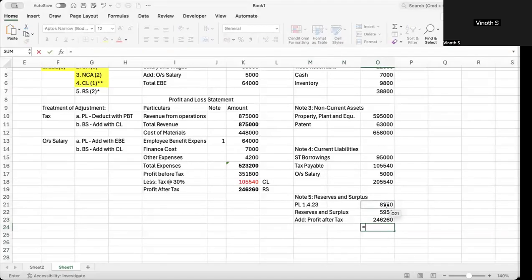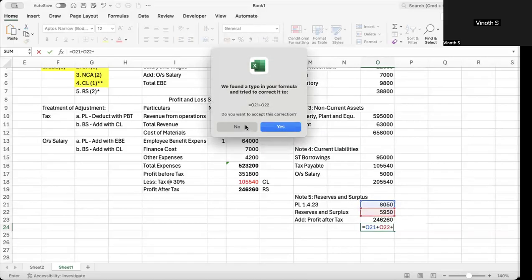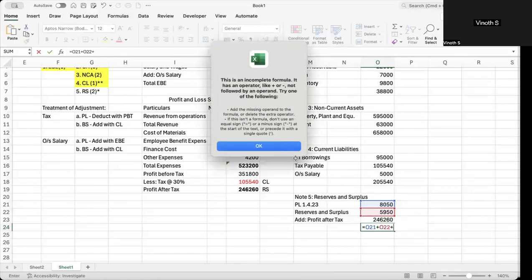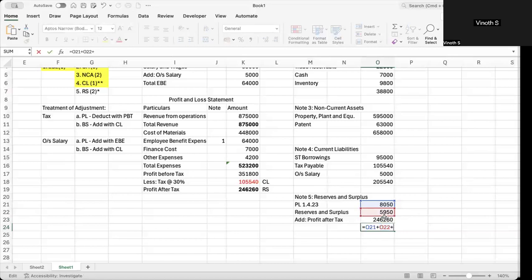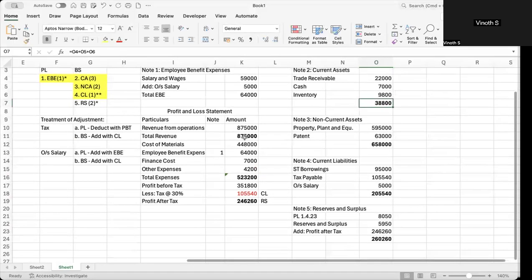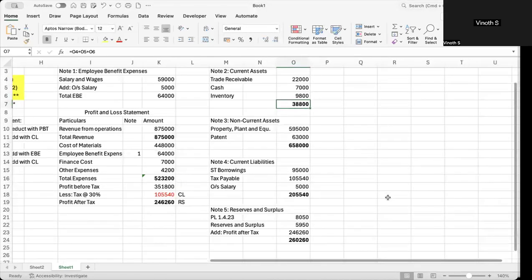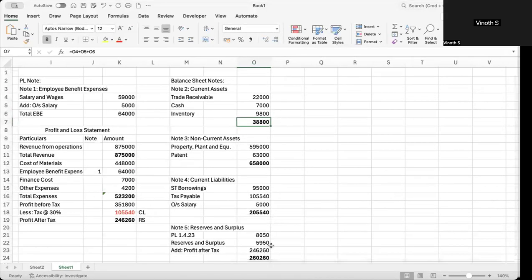If you add all the three, 2,60,260 is the reserves and surplus. So only these values we are going to take to the balance sheet. See, almost what happened in this question is it got split: the first 4 are completed. The last part is easy to complete because every number is readily available with us.